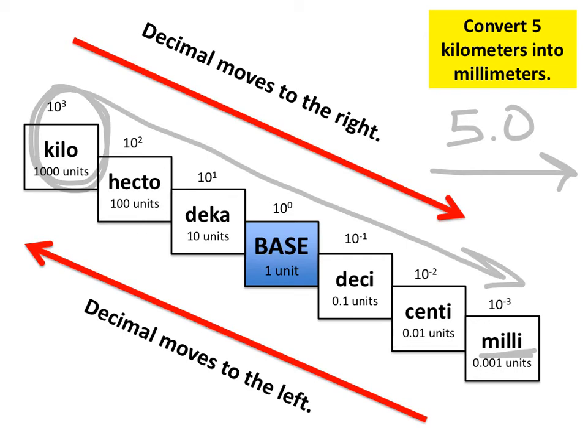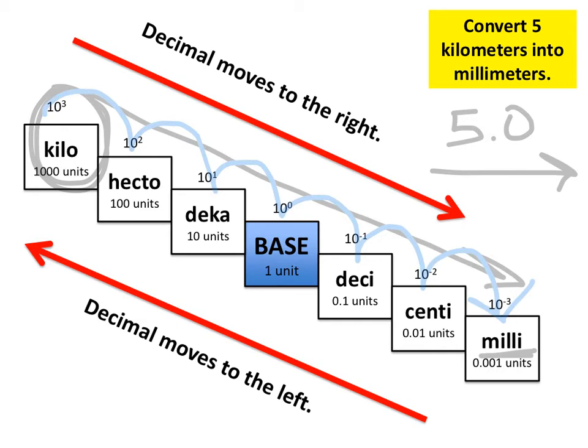But how far do we move our decimal place? Here's where you just count steps. 1, 2, 3, 4, 5, 6. 6 steps down the ladder. So we move our decimal place 6 places to the right.